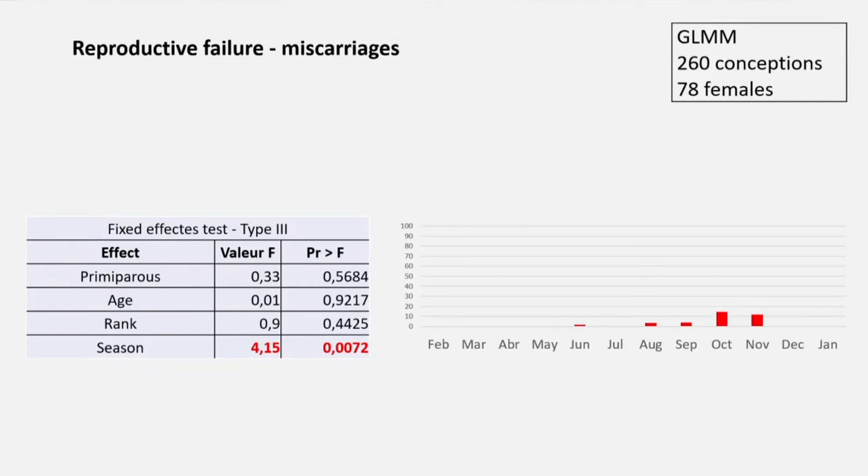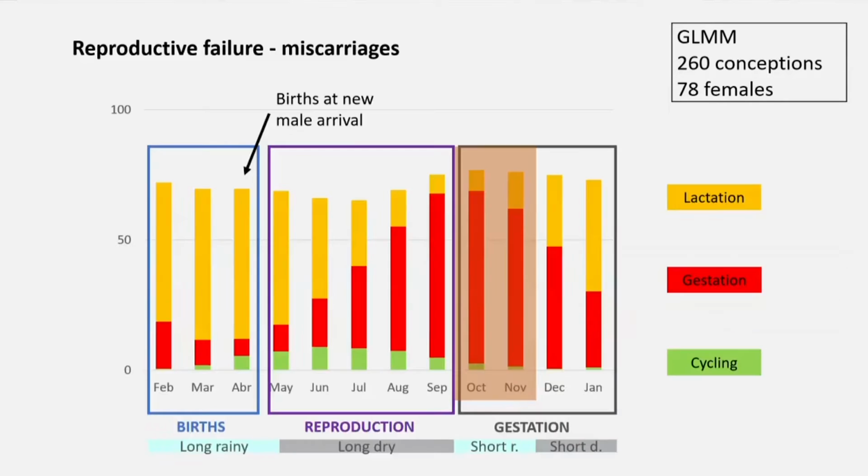This is the percentage of conceptions that end in miscarriage divided by month, and as you can see, most of them happen between October and November. We go back to this graph that I showed before. What this means is that females that are getting pregnant at the end of the reproductive season are more likely to suffer a miscarriage.